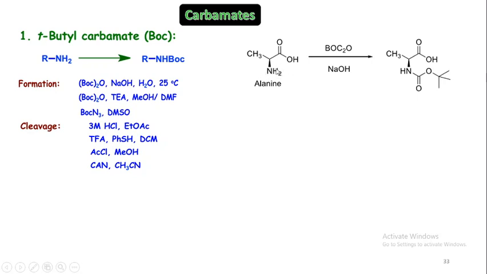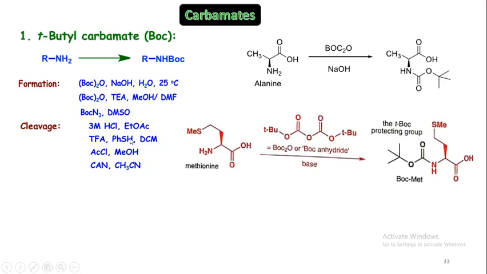Therefore, this needs to be protected, and this can be protected by using Boc2O in basic medium. This is the protected form of alanine by the tertiary butyl carbamate. This is the BOC group, and it can be deprotected under strong acidic conditions, such as TFA, or CAN.